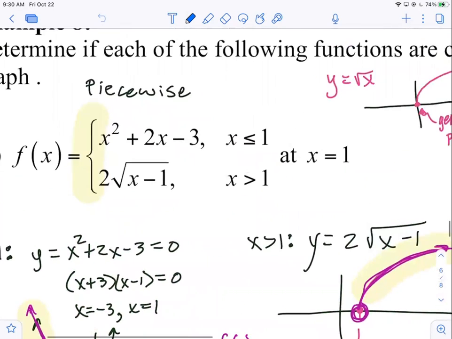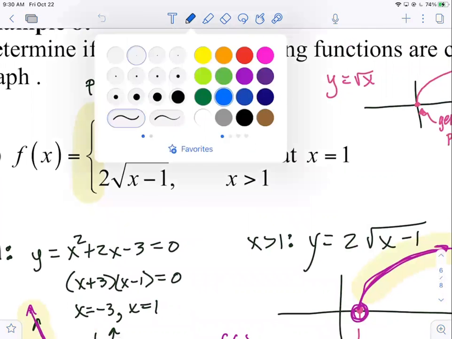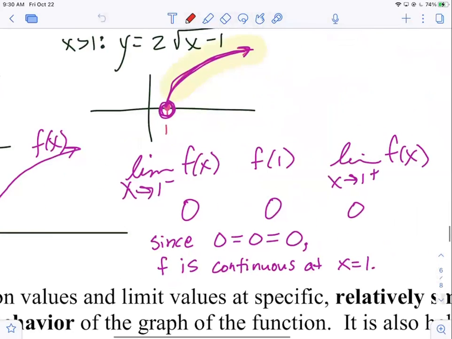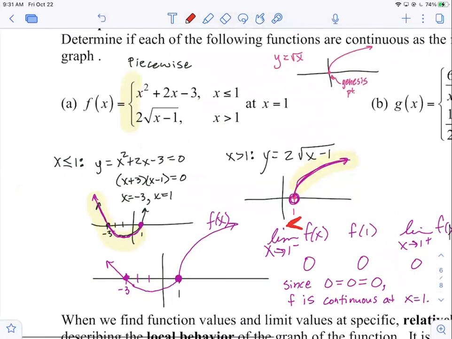Okay. When you want to find the limit from the left-hand side of 1, left of 1 is less than 1, right? Would you agree? Yes. Less than 1 is left of 1. They both have the la sound as well, right? Left of 1 is less than 1.